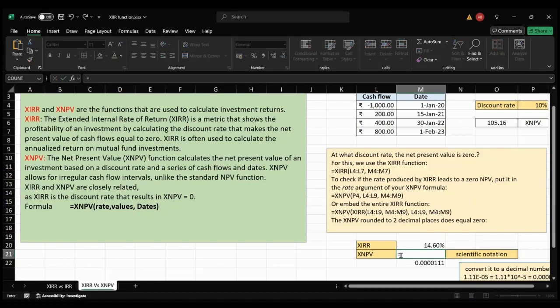Equal to, sorry, equal to XNPV, bracket. Now here instead of the rate argument, we have to put this. So I'll just write this cell reference of XIRR, comma, then we have to write the values, that is the cash flow range, comma, and dates.